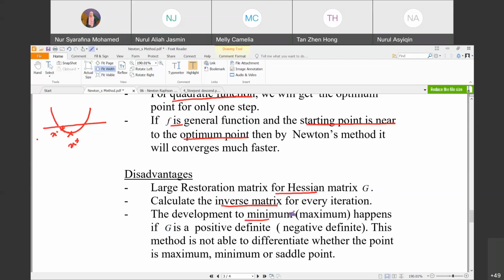For a minimum, G should be positive definite. For a maximum, G should be negative definite. So this method is not able to differentiate whether the point is a maximum, minimum, or saddle point, because we always need to identify the characteristic of the Hessian matrix itself. This is one of the disadvantages of Newton.